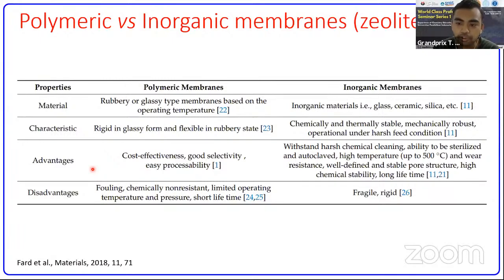In fact, we do not have to choose between polymeric and inorganic membranes, because we can just combine them. So the advantages of the zeolite will offset the disadvantages of polymeric membranes. On the other hand, the advantages of polymeric membranes will overcome the disadvantages of inorganic membranes.